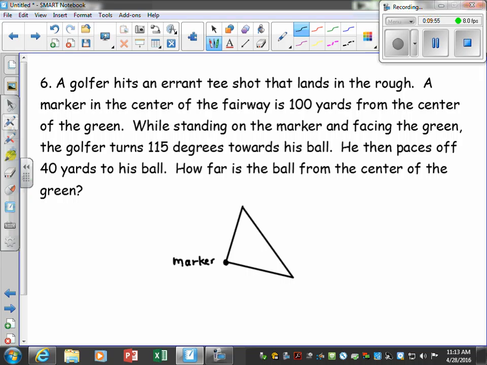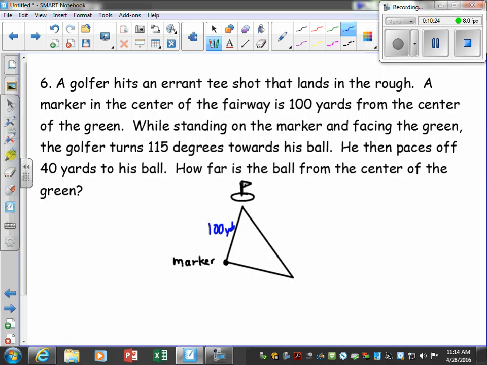And we'll put our flag over here. So how far is it from the marker to the flag, to the fairway? What did it say? 100 yards. So basically, I would label this side right here 100 yards.